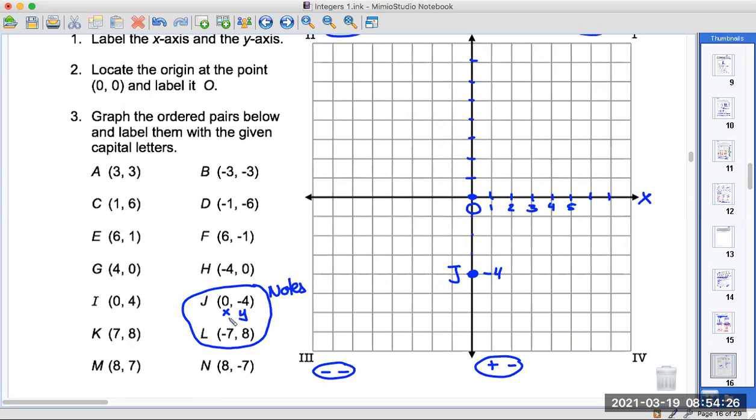The highest one looks like it's 8. So that's as far as I have to go. So that works. I got 8. This is your positive y's. These are your negative y's.